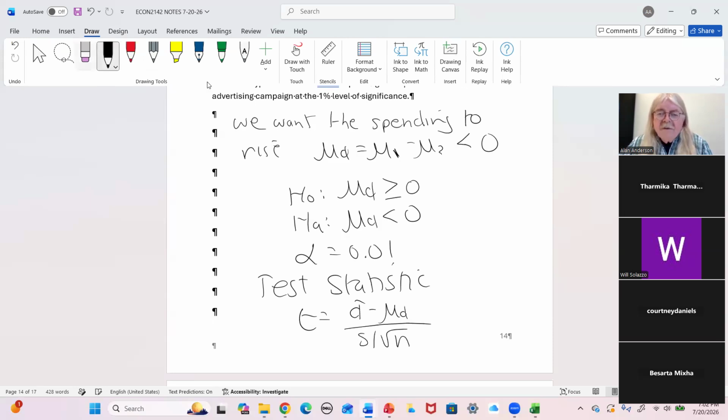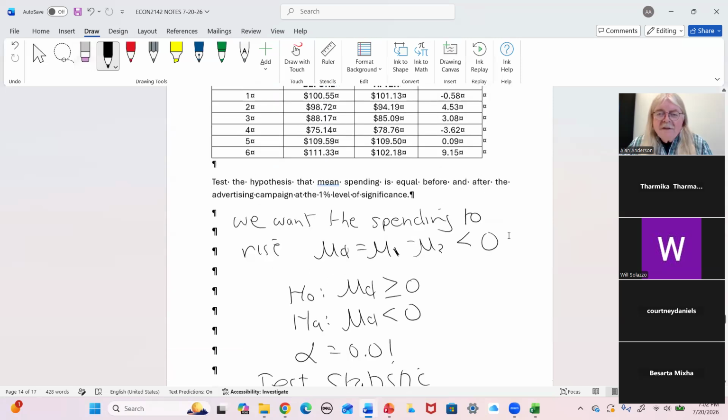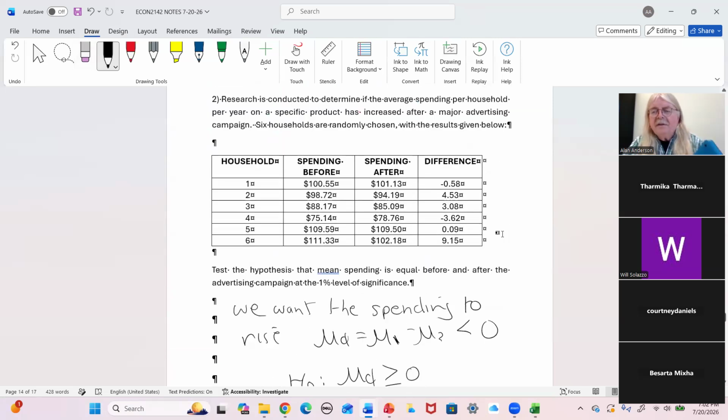So guess what we have to do? We have to type these differences into one of our lists. It doesn't have to be list one. If you want to keep the other data, you can put it in list two. But either way, we have to enter this into a list.